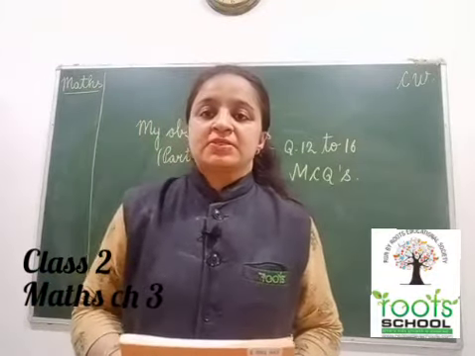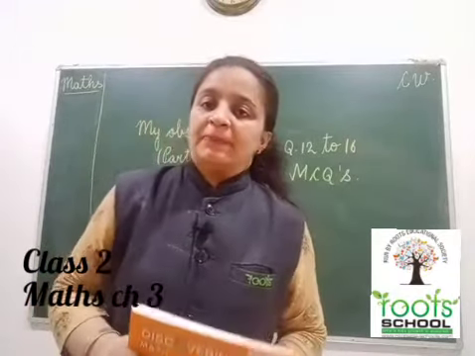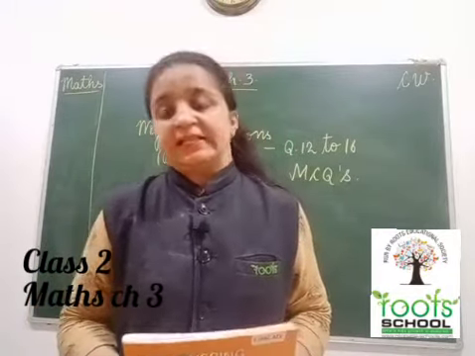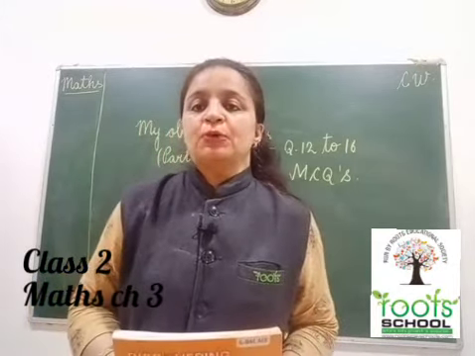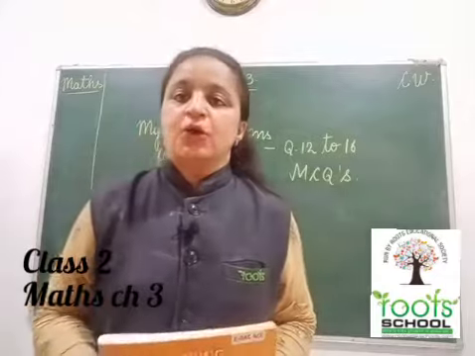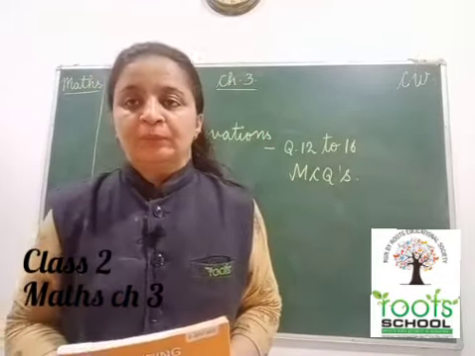In this session, children, this is the last session for chapter 3. In chapter 3 we have covered counting till 999 and number names. Yes, a few number names I have given you to write in your maths notebook. We have learned place value.